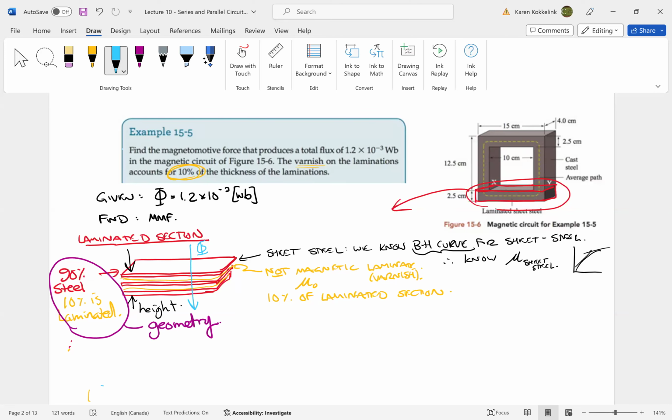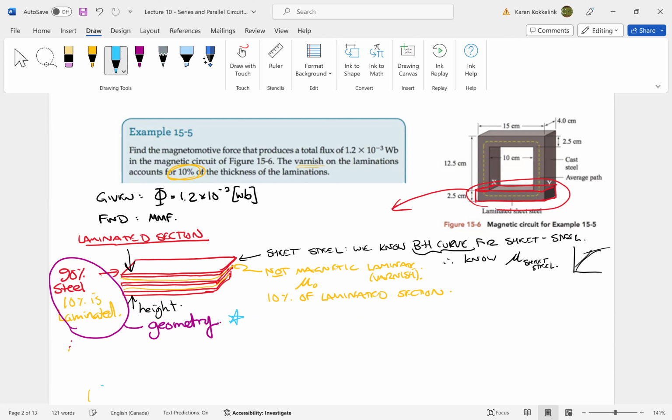Then the mean path length, which equals L, the laminated length is actually the total length L times 0.9 of actual steel. So what the laminates do is they just reduce the mean path length. Now that's not applicable in this problem because the flux comes down and turns a corner, so it doesn't go all the way through.